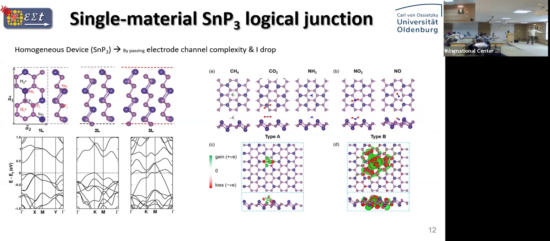Below you will see the charge density difference, which is the result of absorption of your gas molecule, and which indicates, based on the color code, whether it took electrons from the surface or donated them. So now we have seen that we have two groups of gas molecules.